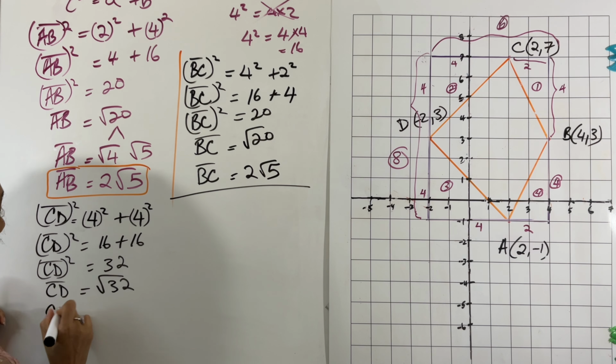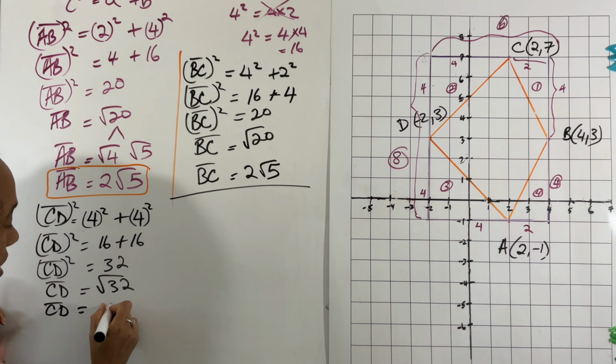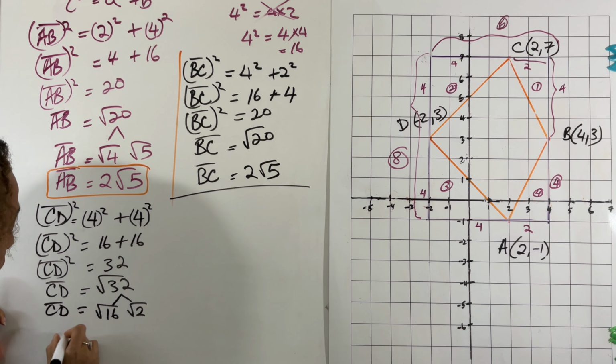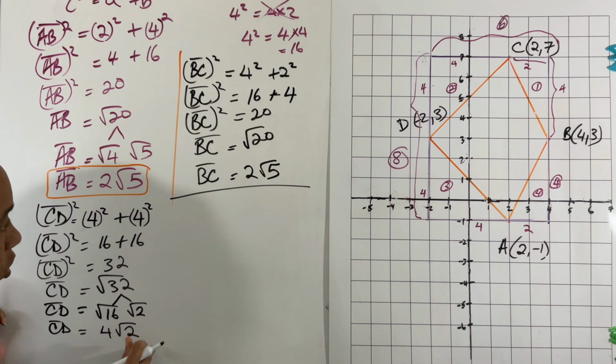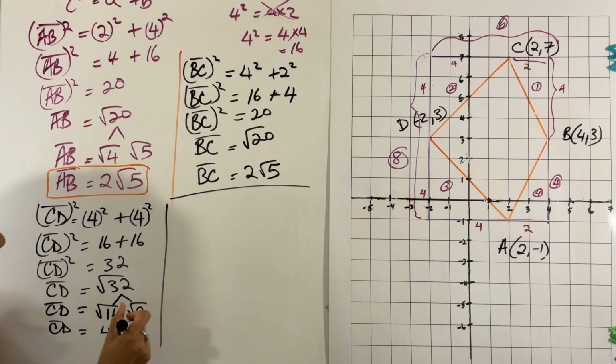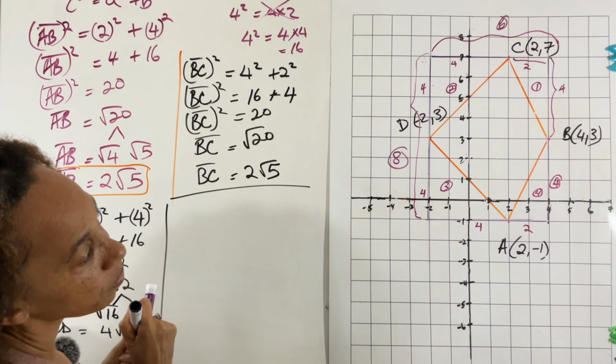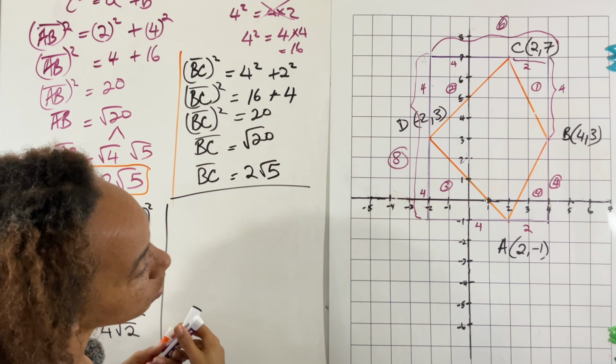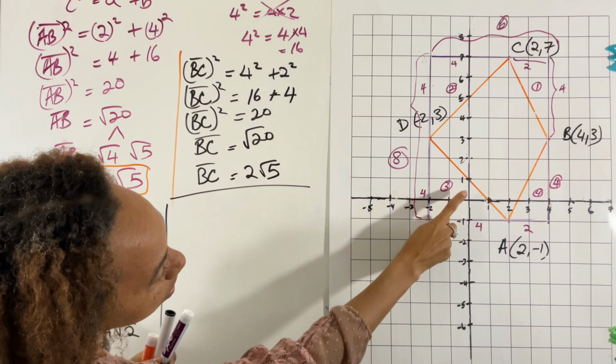But you have to break that radical 32 down to radical 16 and radical 2. So now segment CD is going to be 4 radical 2. All right. And the last one, final one, is going to be this one.